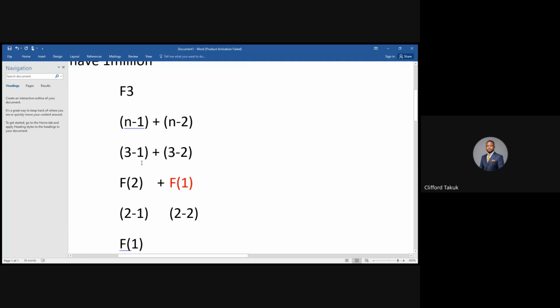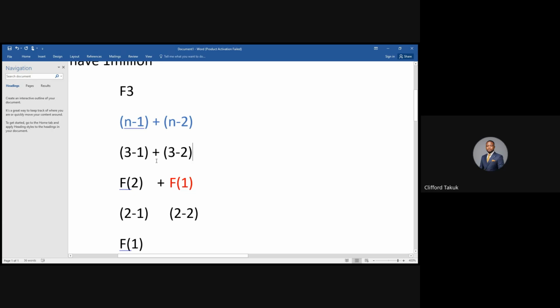You see that we have Fibonacci of 3 from the beginning. That is what we are calculating, right? Yes, the Fibonacci of 3 is what we are calculating. All this is to find the Fibonacci of 3.